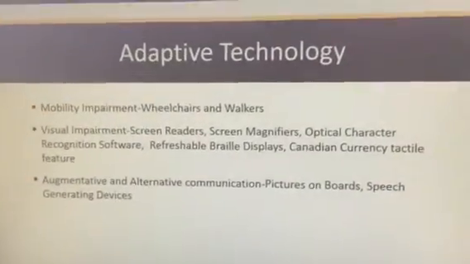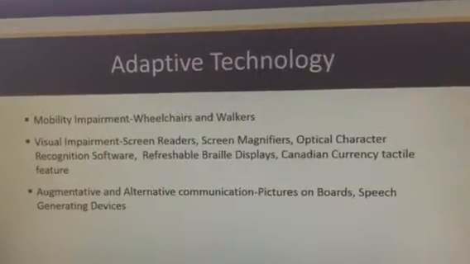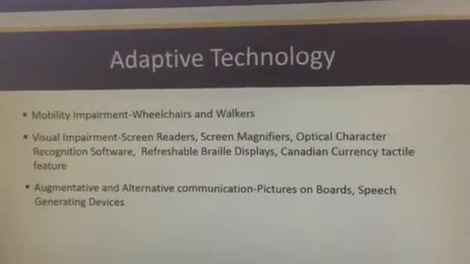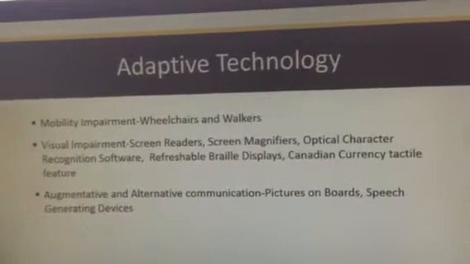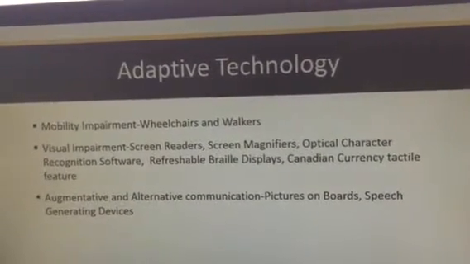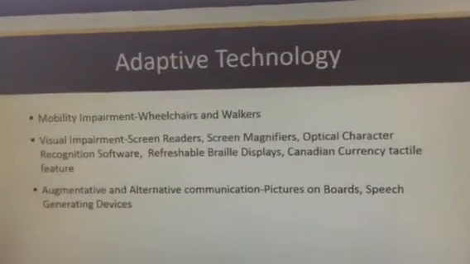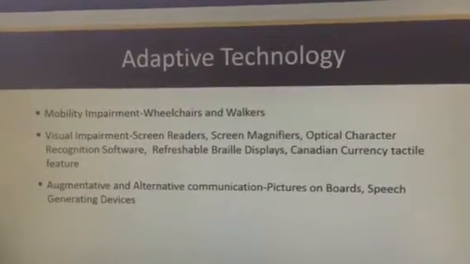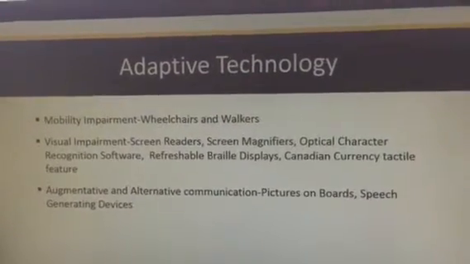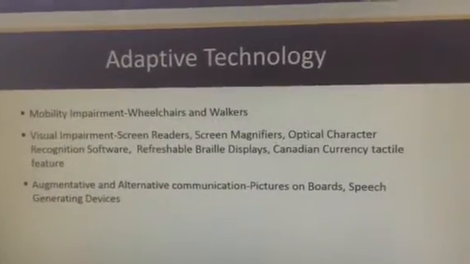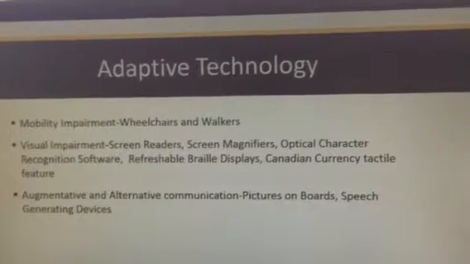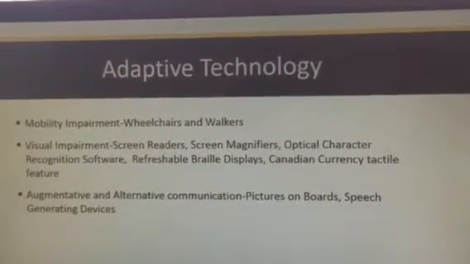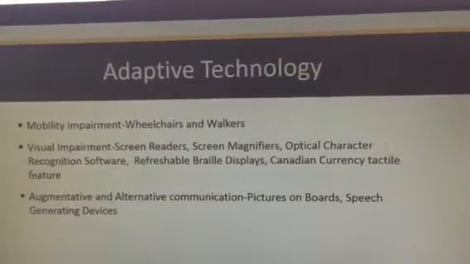Some augmentative and alternative communication examples are just pictures on boards to help people communicate what they want to eat, what they want to drink, or request care. Other more technologically advanced is speech generating devices. So those are some forms of adaptive technology tools, and those are built specifically for people with special needs.